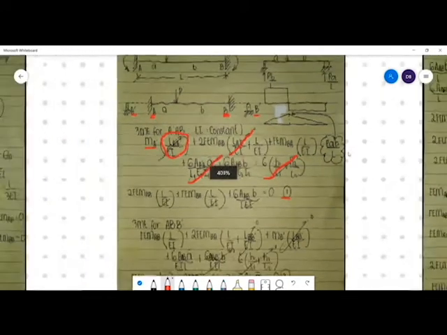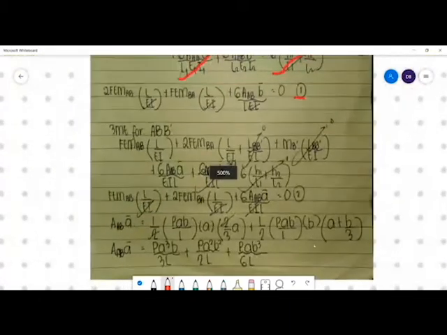So for equation 2, the three-moment equation for A, B prime.